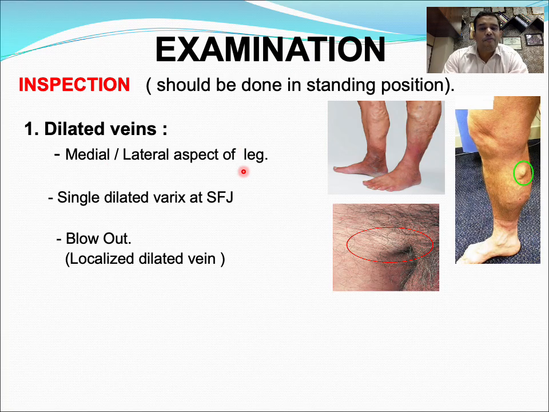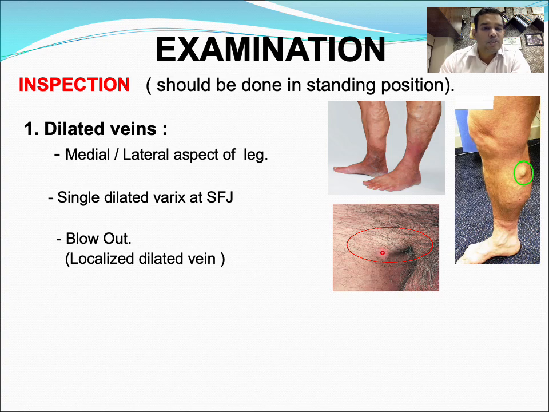That will tell you which vein is involved, whether it is a long saphenous vein course or a short saphenous vein course. You need to see any single dilated varix present over the SF junction, that is approximately 3.75 to 4 centimeters lateral and inferior to the pubic tubercle.